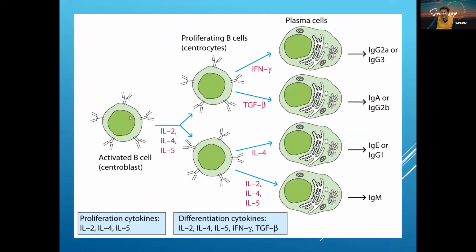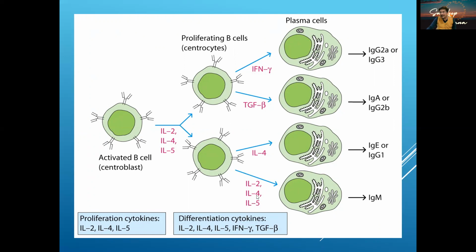As I told you in the beginning, the activated B cell will get interleukin 2, 4, and 5. They proliferate and develop accordingly. For example, if they come across interferon gamma and TGF beta, interferon gamma will lead to IgG2 and IgG3, and TGF beta will lead to IgA and IgG2b.